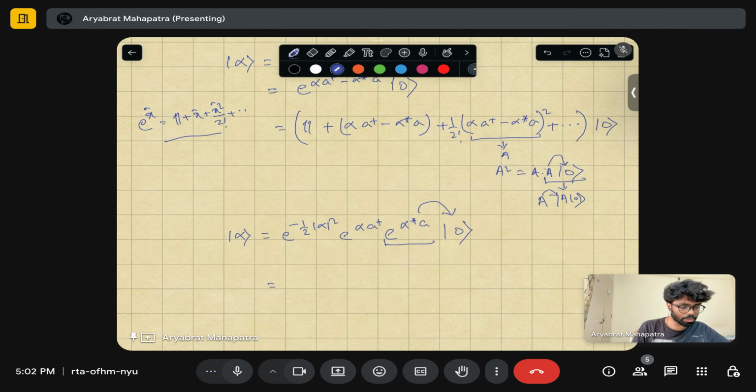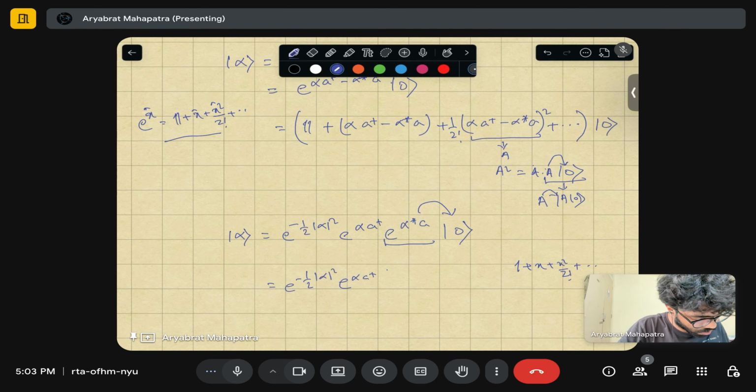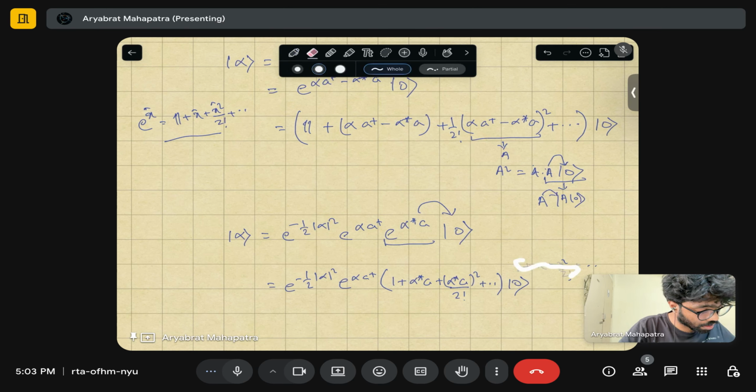So what will e of alpha star a acting on 0 give you? Again, if you see 1 plus x squared, using this form, you get minus half alpha squared, alpha a dagger, times 1 plus alpha star a plus alpha star a squared by 2 factorial, and so on.